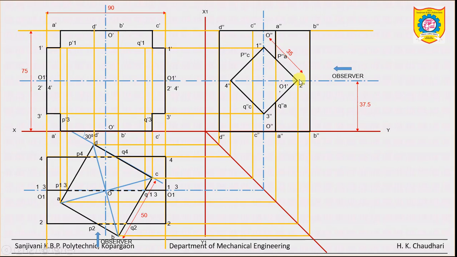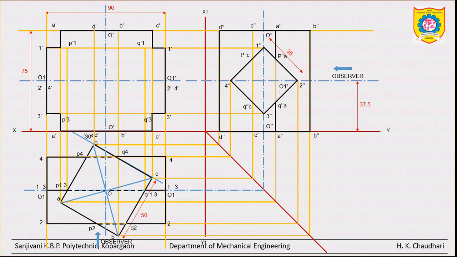Now inside this square 1, 2, 3, 4 there is no edge, because there is the hole made in the vertical prism. Clear? So do not draw the hidden line also.